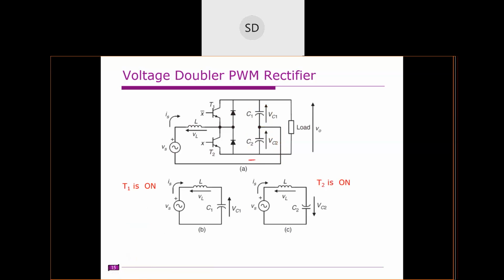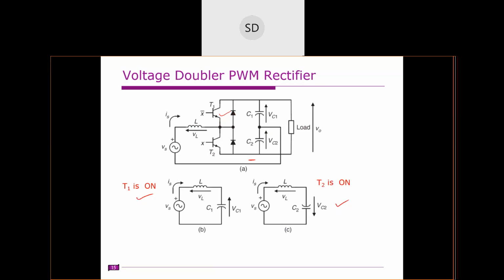Same thing, right? The earlier one is a full bridge inverter, so this is the half bridge inverter. Nothing changed, we have only two switches. This is the equivalent circuit when switch T1 is on, and this is the equivalent circuit when switch T2 is on.